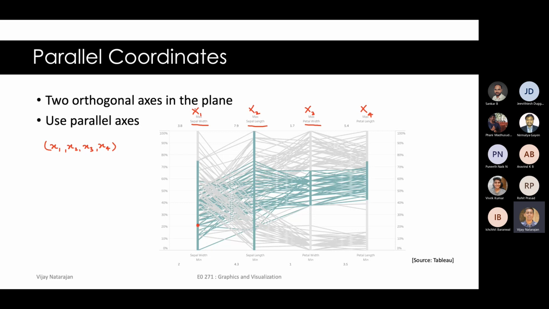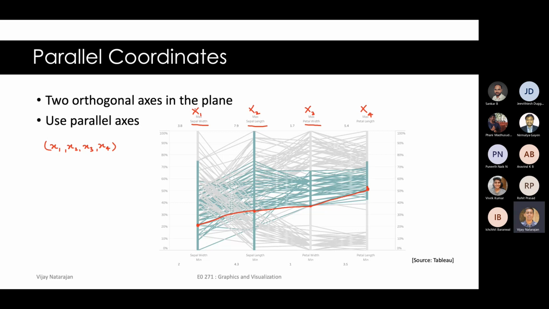So this is x1, this is x2, this is x3, and this is x4, right? So the point that I'm drawing corresponds to a polyline here. Hopefully that makes sense. So in parallel coordinates, every data point appears as a polyline, right?